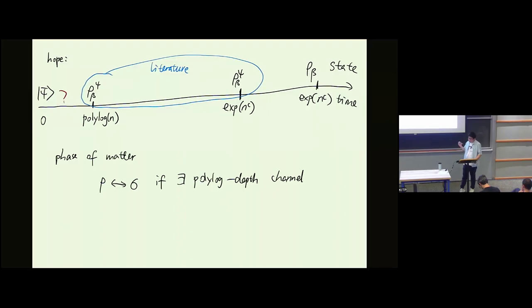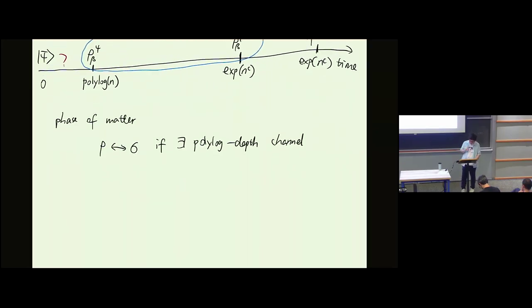So you have to prove both directions. So our physics intuition tells us that, if you claim to have a self-correcting quantum memory, then your logical state in the ground space should be in the same phase as the memory state at finite temperature, right?